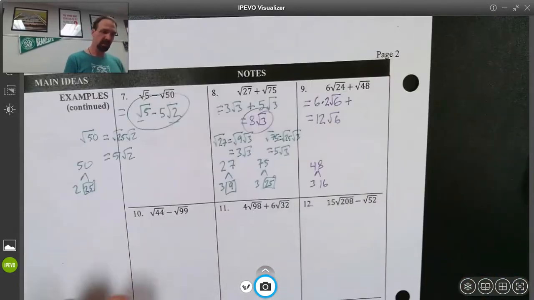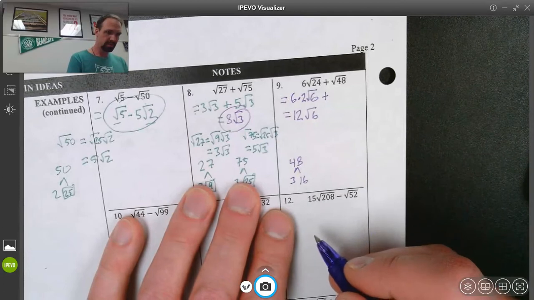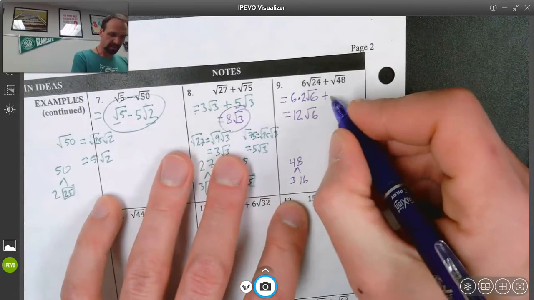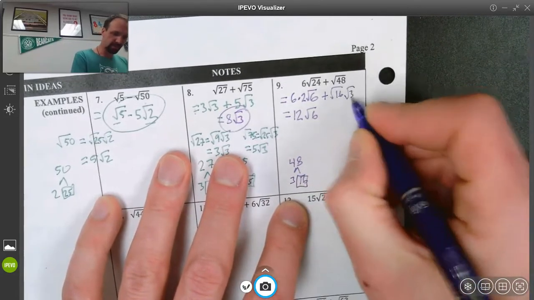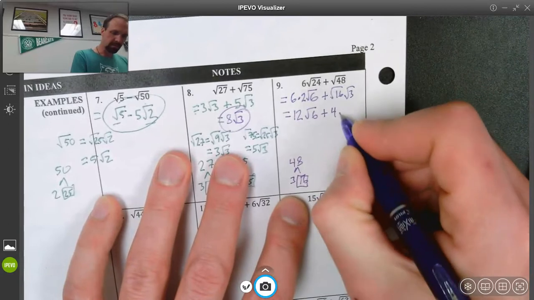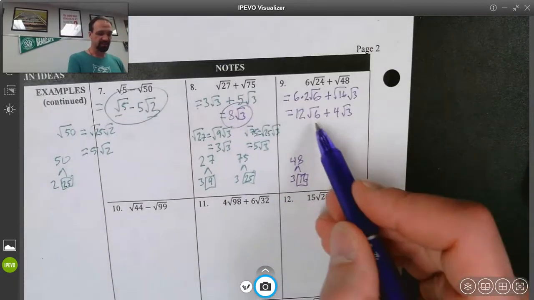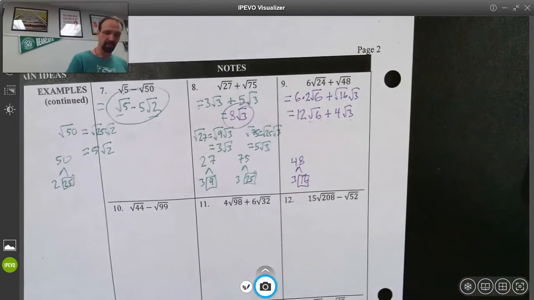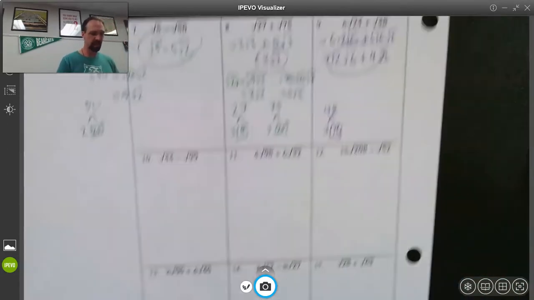So that's going to give me square root of 16, because 16 is the perfect square, square root of 3. Plus 4 square root of 3. And it looks like I can't combine these anymore because this has the 6 left over, and then this has the 3. So I am done. All right.